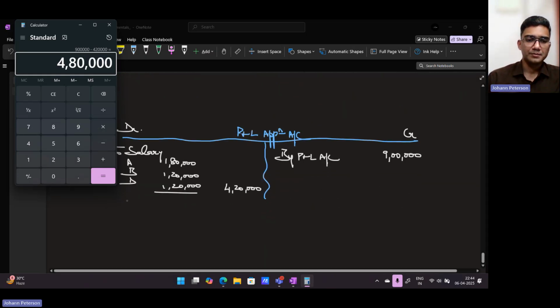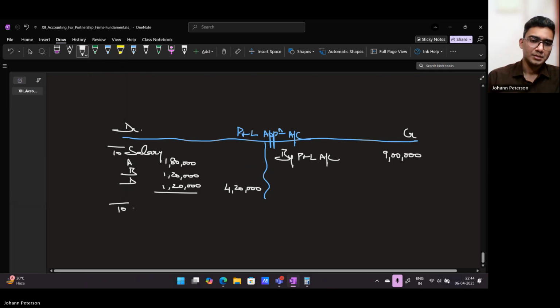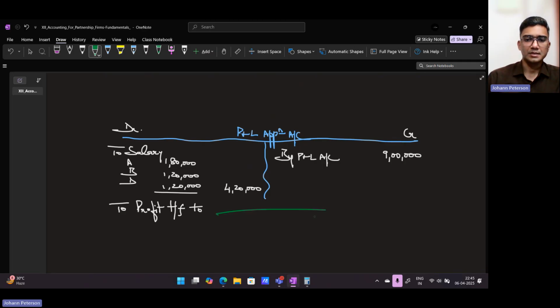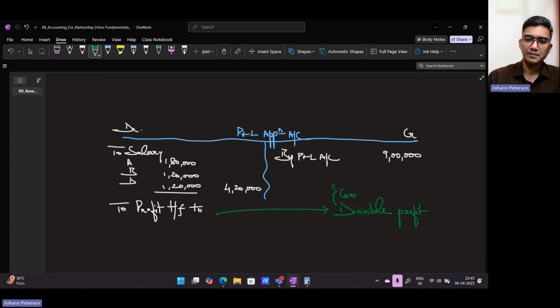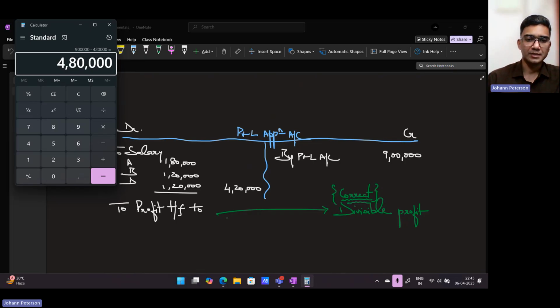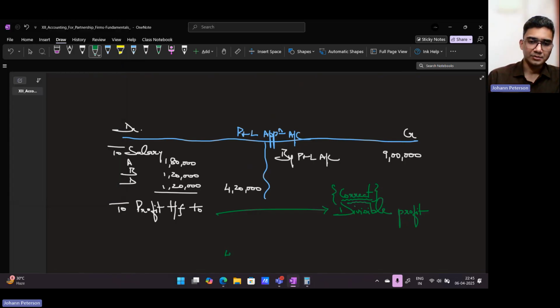So here we are going to write to profit transferred to, which is known as a divisible profit. So we are actually calculating a correct divisible profit. And what is our correct divisible profit? It is the difference of them, which is 4,80,000. So I'm going to write 4,80,000 here.